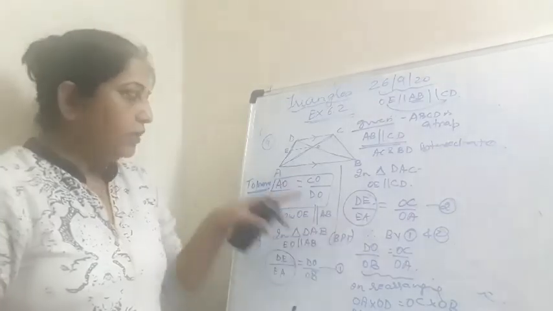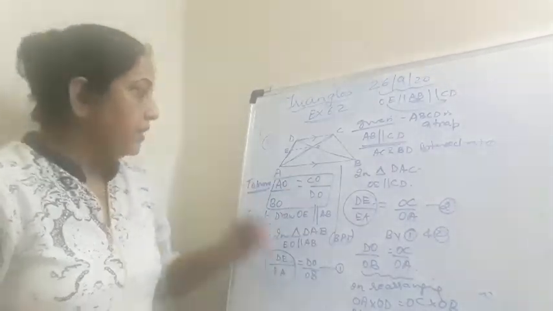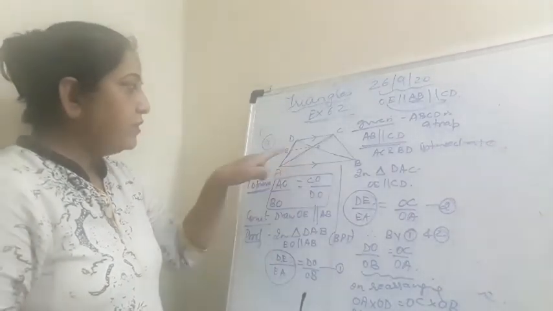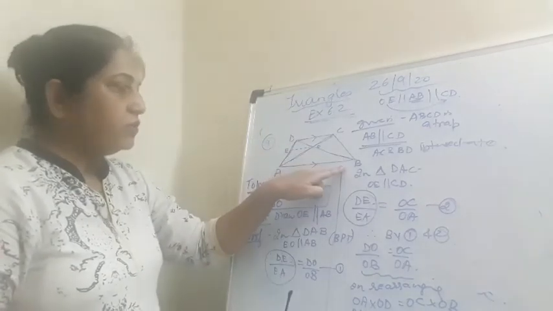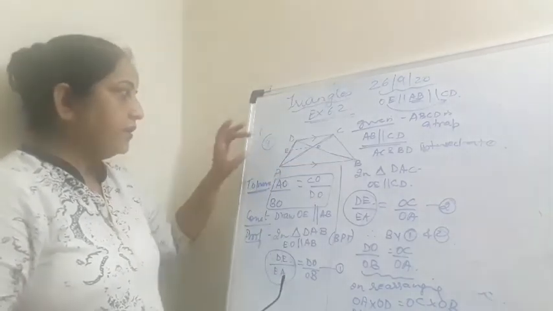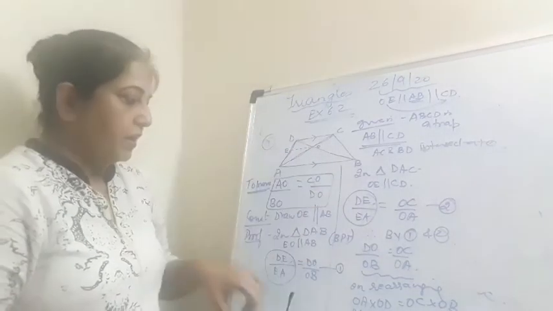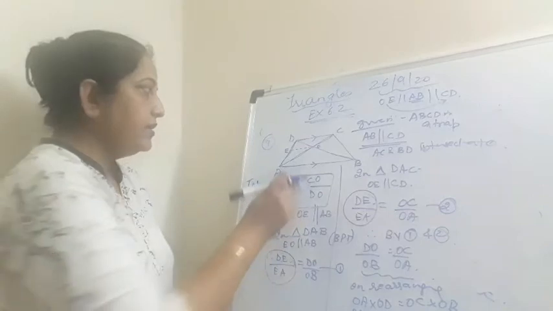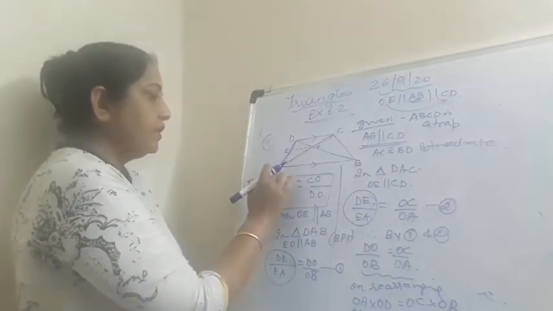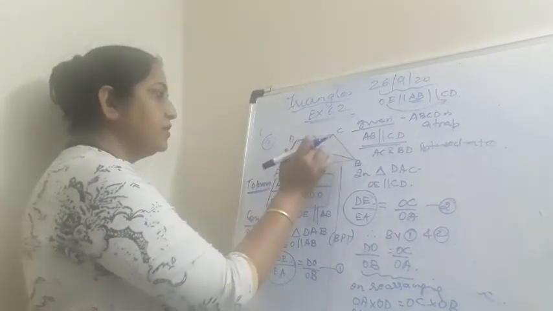From 1 and 2, the two triangles which we consider over here, first is DAB, in which EO is parallel to AB. So we apply the basic proportionality theorem. DE upon EA is equal to OD upon OB. And by the second equation we get DE upon EA is also equal to what? OC upon OA.